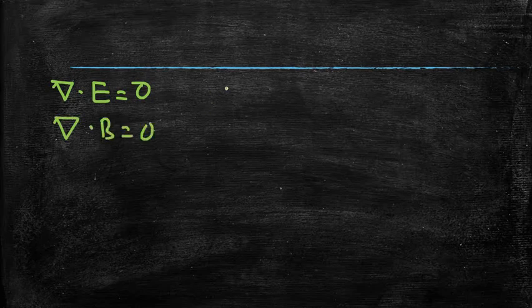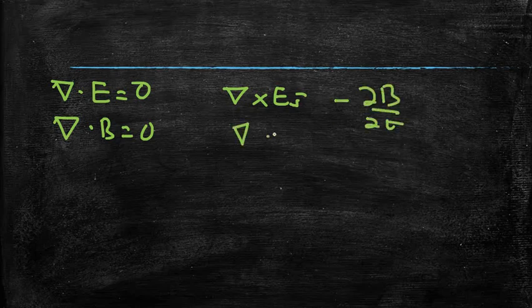Now suppose you are inside a medium, not in free space, so you are not talking about mu 0 epsilon 0. Then our equations come out to be del dot E is equal to 0, del dot B is equal to 0, del cross E is equal to minus dou B by dou t, and del cross B is equal to mu epsilon dou E by dou t.